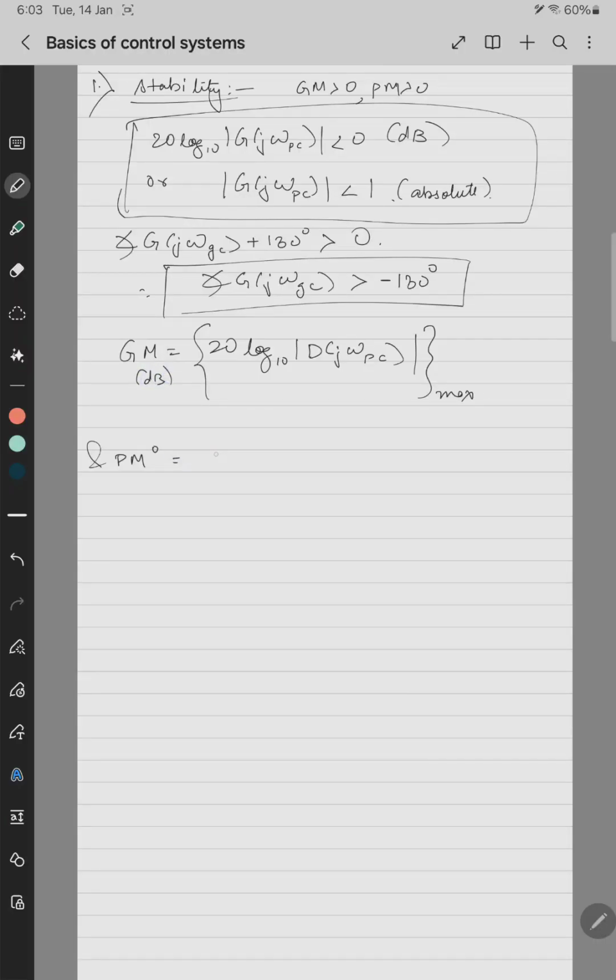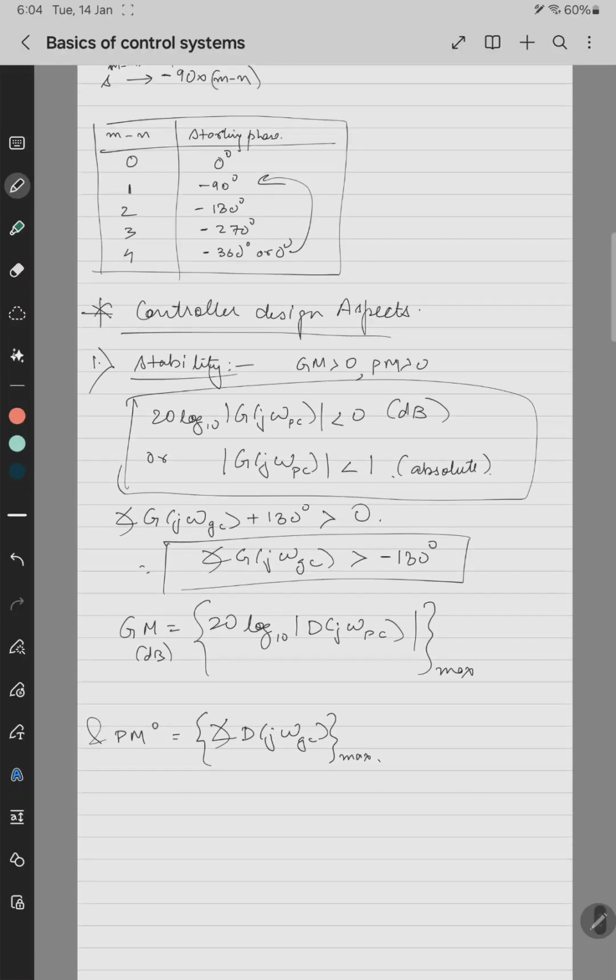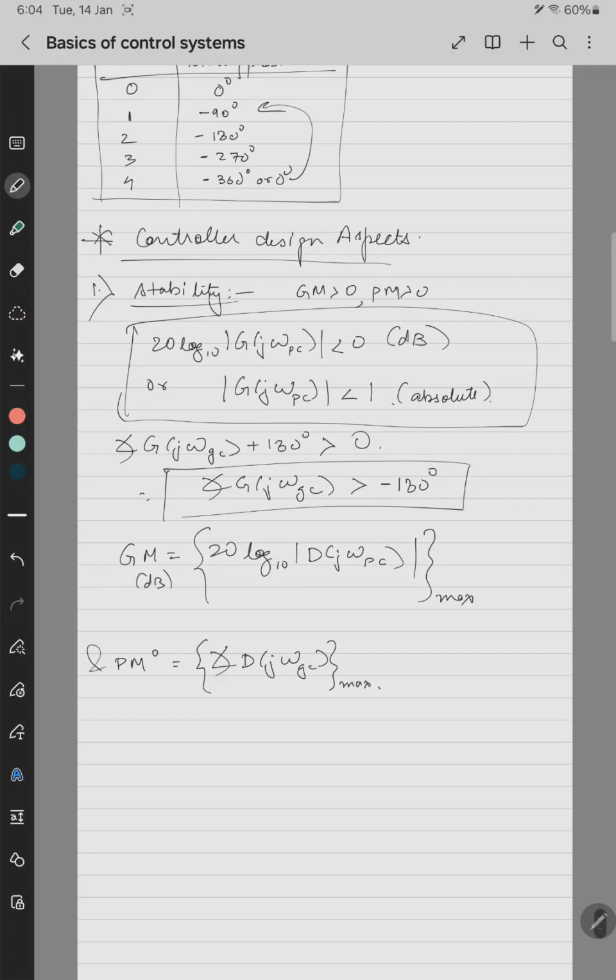Like this I'll write, equals angle of D of j omega gc, maximum of it, because margin is the maximum thing which you can add. Okay, so first, stability is done.